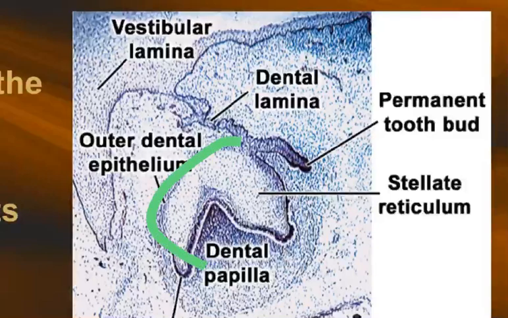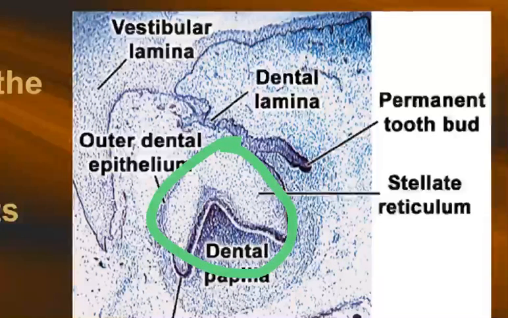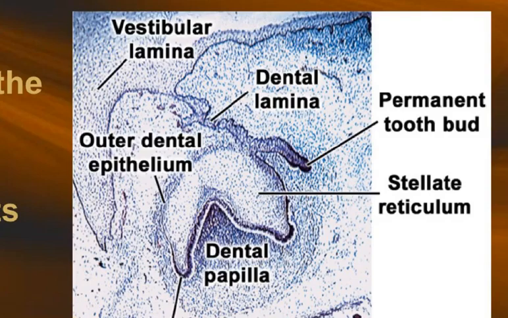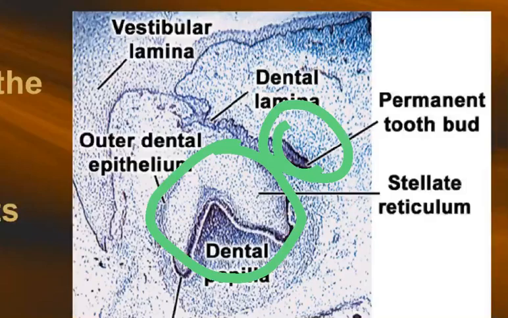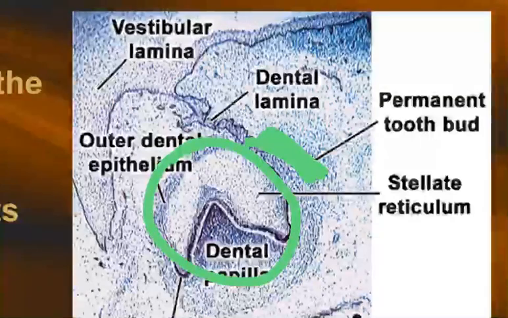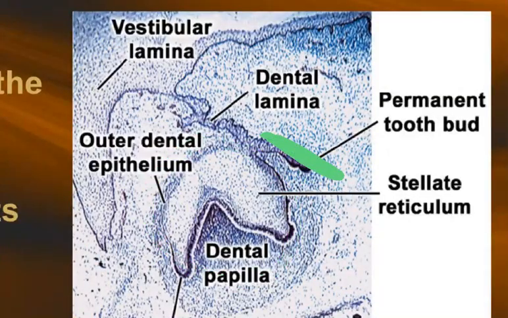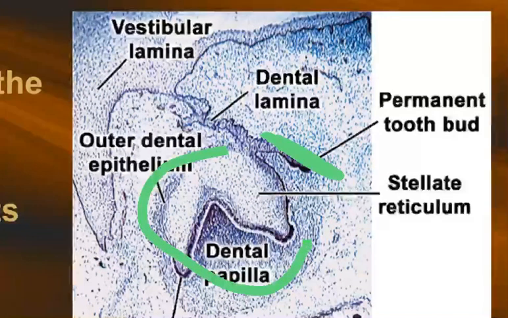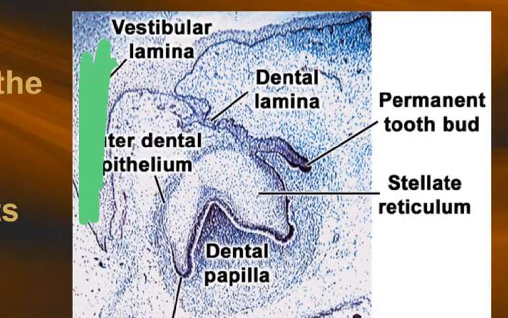So if this is the primary tooth germ, if this forms a central incisor, for example, primary central incisor, deciduous central incisor, then the successional lamina forms the permanent central incisor, and it's always located lingual to the primary tooth germ. So permanent tooth germ always lingual to the primary tooth germ.